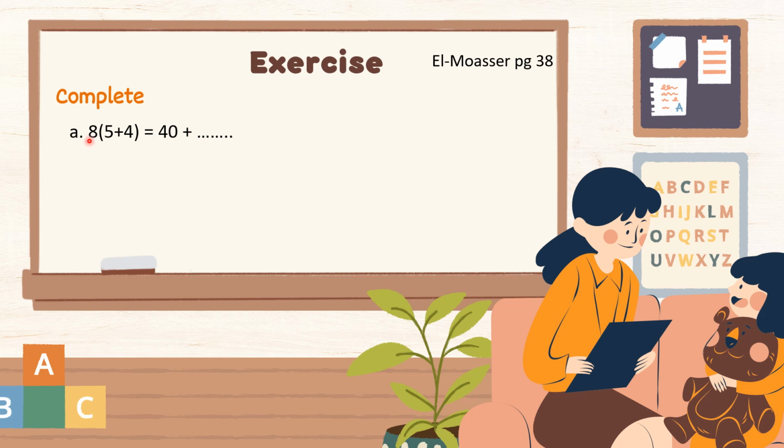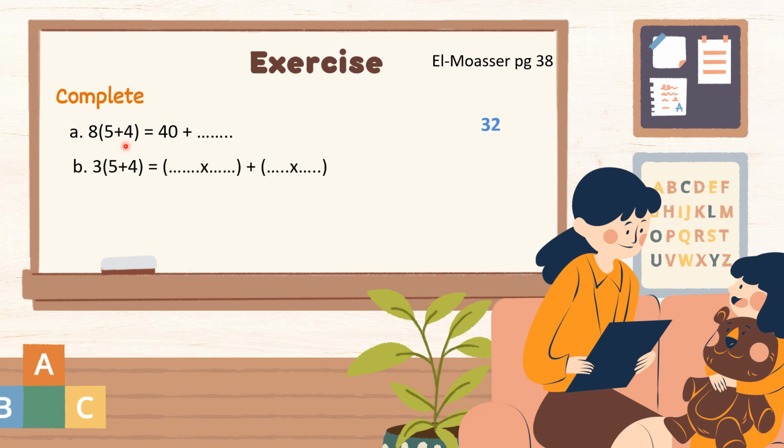Now 8 multiplied by 5 equals 40. 8 multiplied by 4 equals what? Excellent. It is 32. This is the distributive property of multiplication.